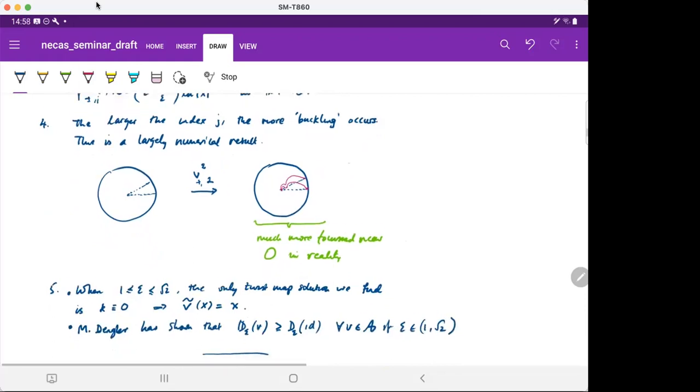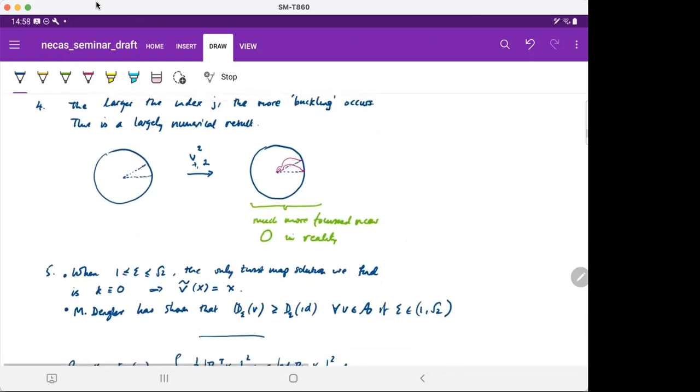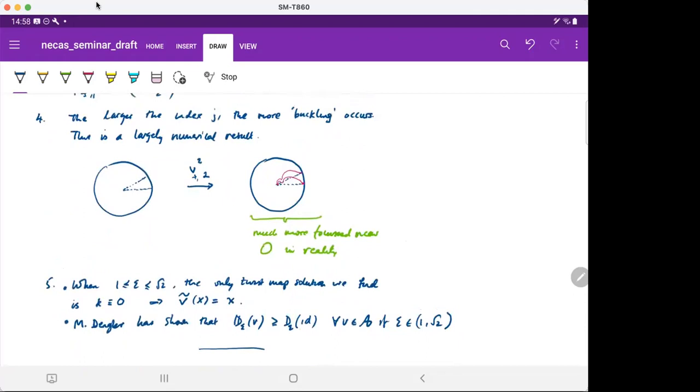One final point, which if I've got time, I'll show you, is that if the parameter epsilon is less than or equal to √2, then the only twist map solution you can find is the identity. And in fact, it turns out that the identity is then a global minimizer of the energy D epsilon when epsilon's in that range.